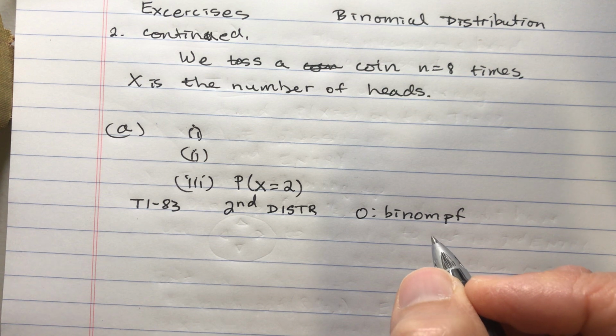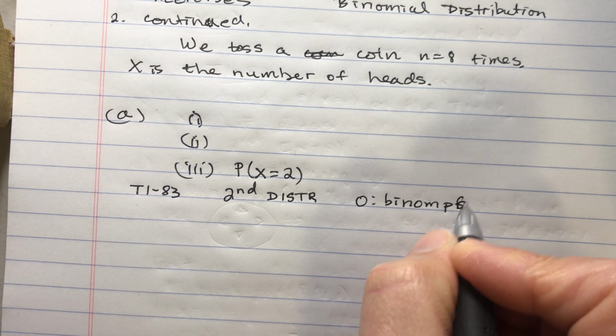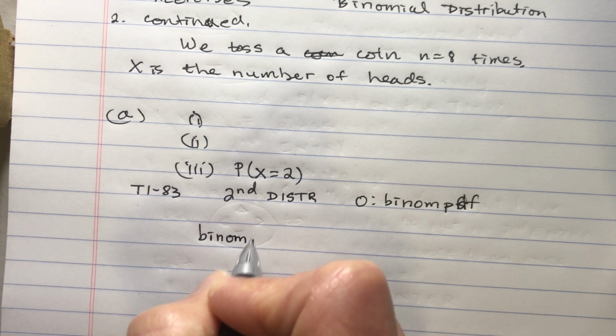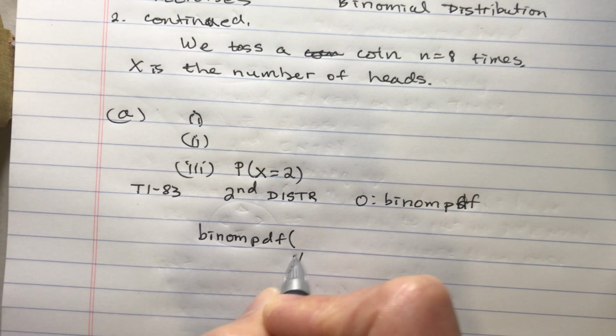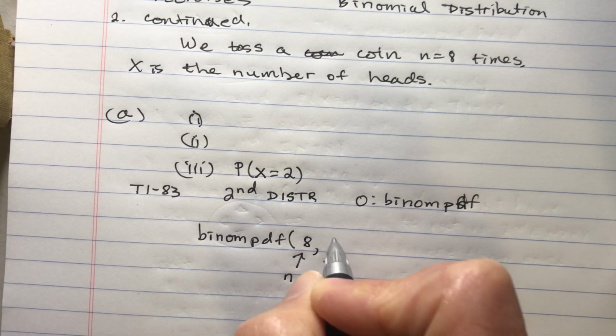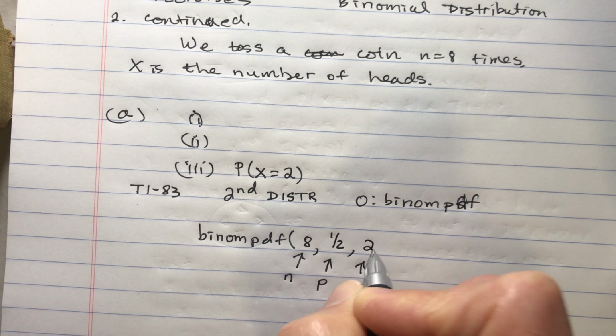It's good. Okay, binomial PDF. So then we have binomial PDF, and we put in N, which is 8, P, which is the probability of heads, is half, and then K, in this case, is 2.